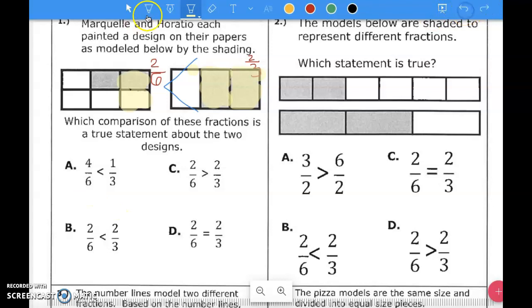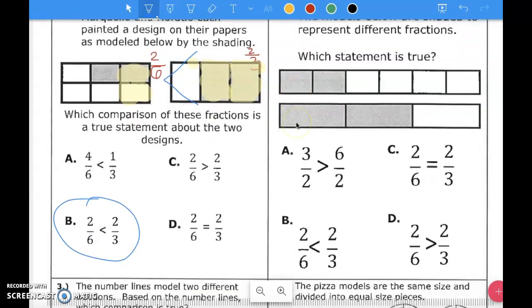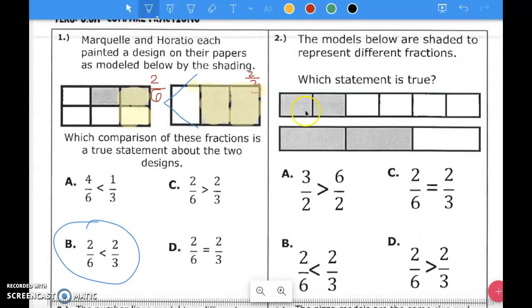Okay, that's what I need to do. Number 2, the models below are shaded to represent different fractions. I love fractions. Which statement is true? I'm going to use my highlighter. If you see this area right here, it's comparable to this area right here, but on top of that, you have all of these.